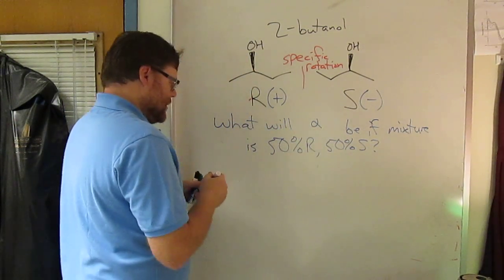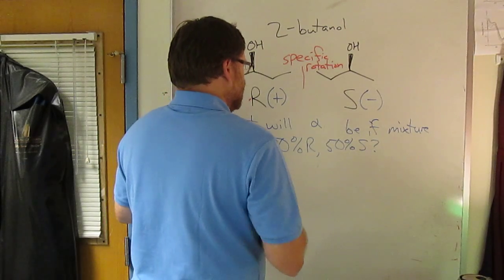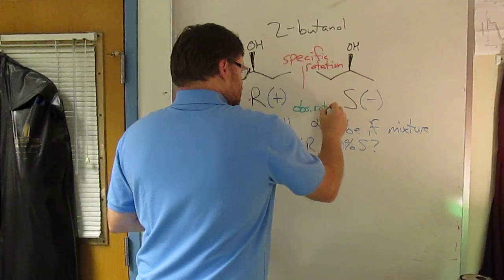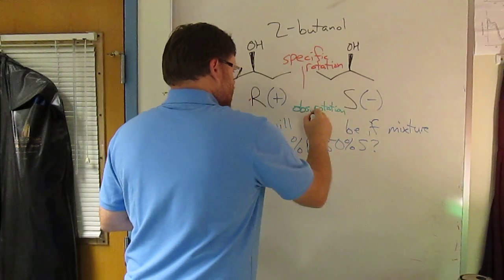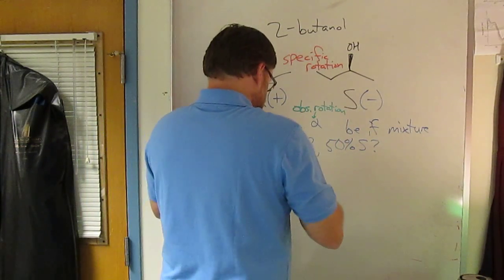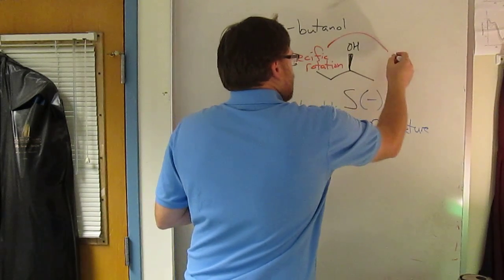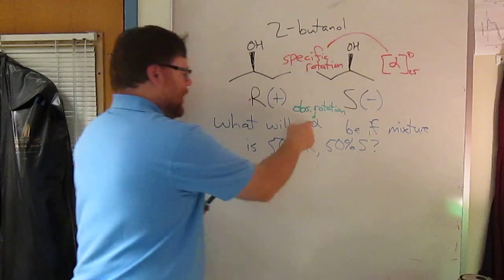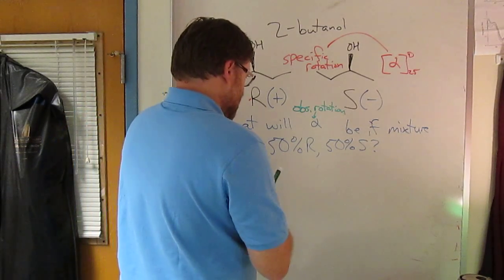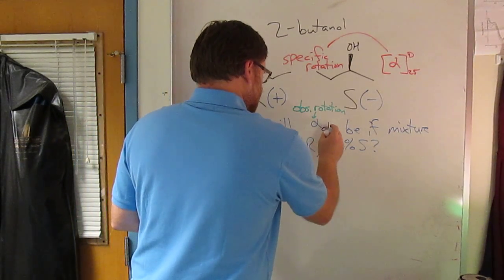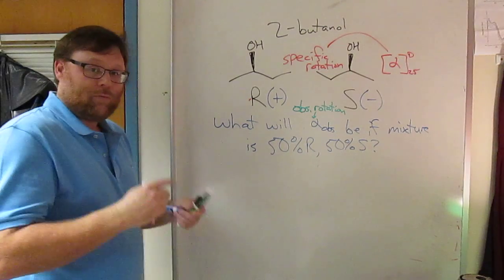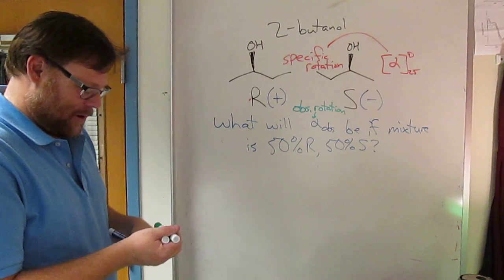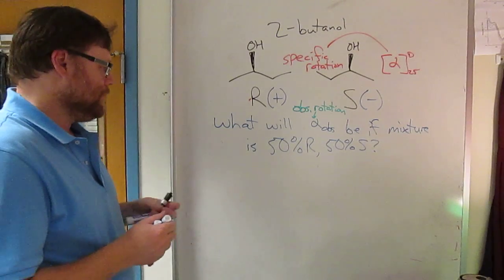What I mean to ask is, what will the observed rotation be? The specific rotation is the alpha D 25, so this alpha is simply the observed rotation. So what rotation will you observe if you have a mixture that's 50% R and 50% S?